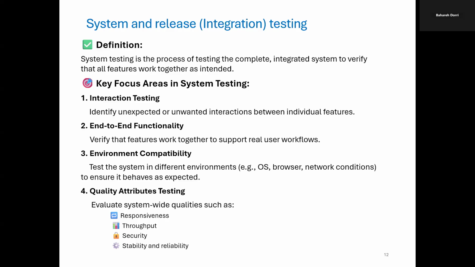The first thing you want to check is, are the features interacting in weird or unexpected ways? Sometimes two perfectly working features clash when they are used together, and that's where system testing really shines.